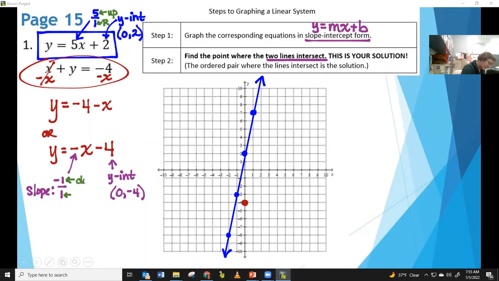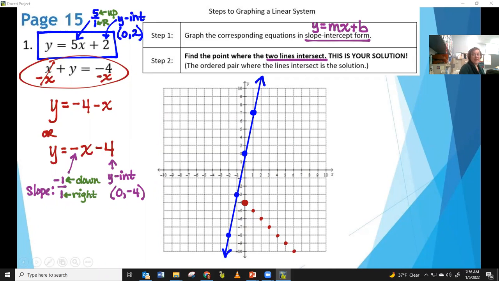Down. We're going to go down 1, and then do we go left or right? Right. Okay, so from that y-intercept, I'm going to go down 1, right 1, down 1, right 1. Take it to the edge of the graph.